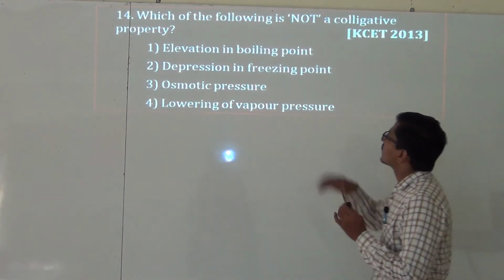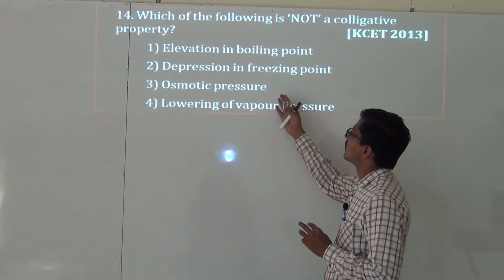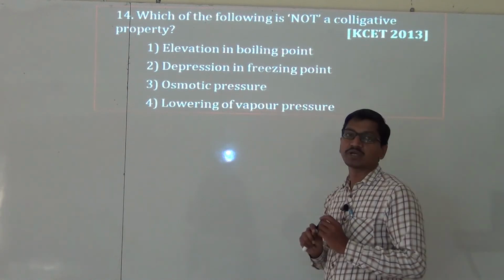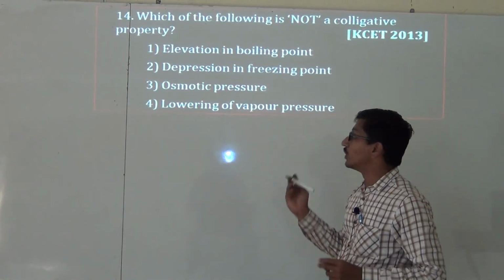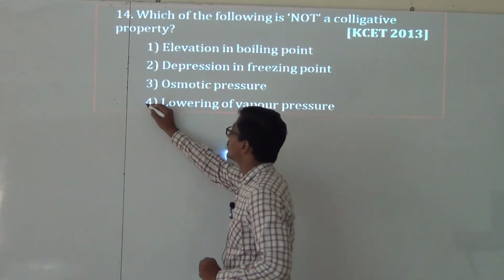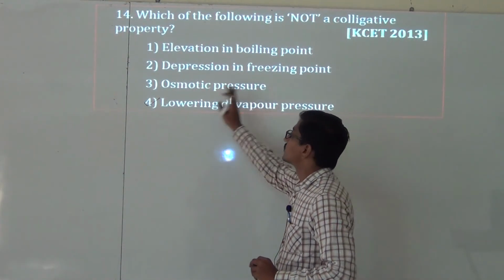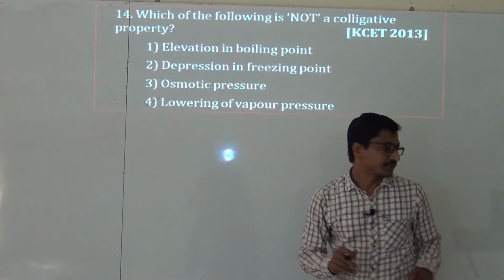Relative lowering of vapor pressure is a colligative property, but lowering of vapor pressure is not. The correct option for this question is the fourth one, lowering of vapor pressure.